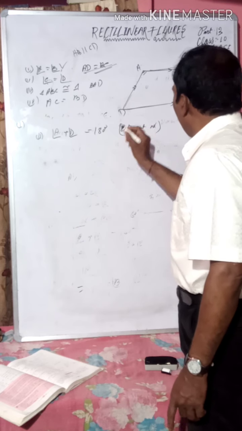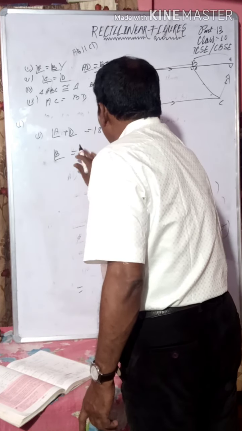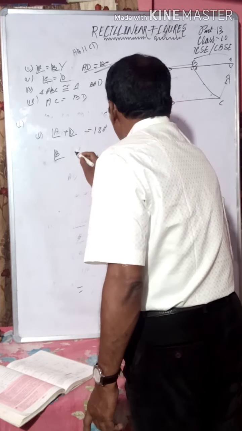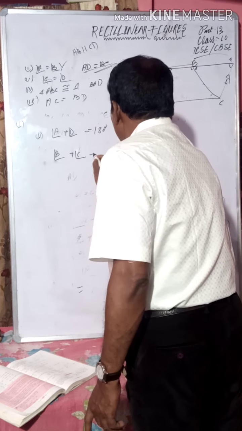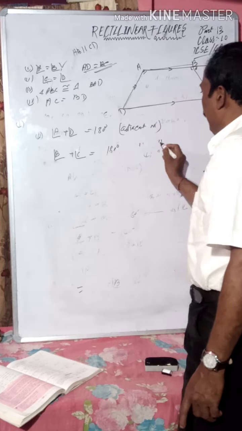angles. Likewise, angle B plus angle C is equal to 180 degrees. Adjacent angles.